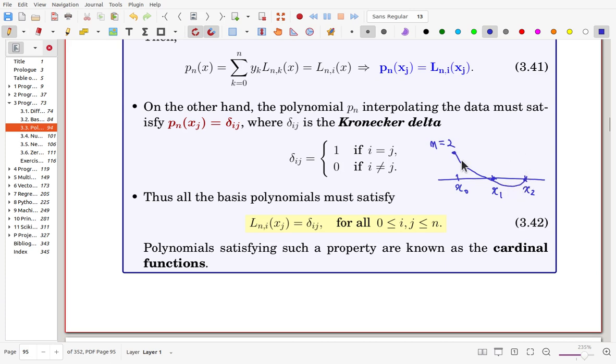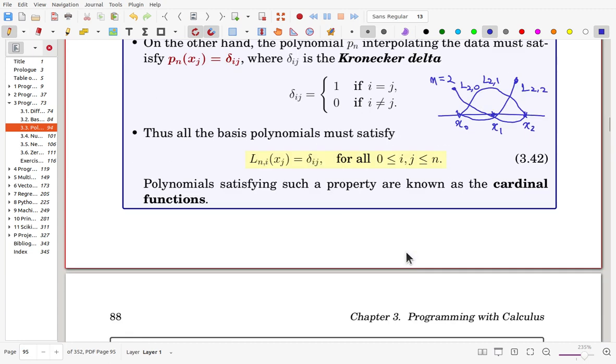There is a quadratic, and there is L20. Now L21 at x1 the value is 1, and at other points the value is 0, so it is going like that. So there's L21, and L22 is 0, 0, 1, so that way. So that is L22. In this way, we will try to get the cardinal functions, the basis functions.